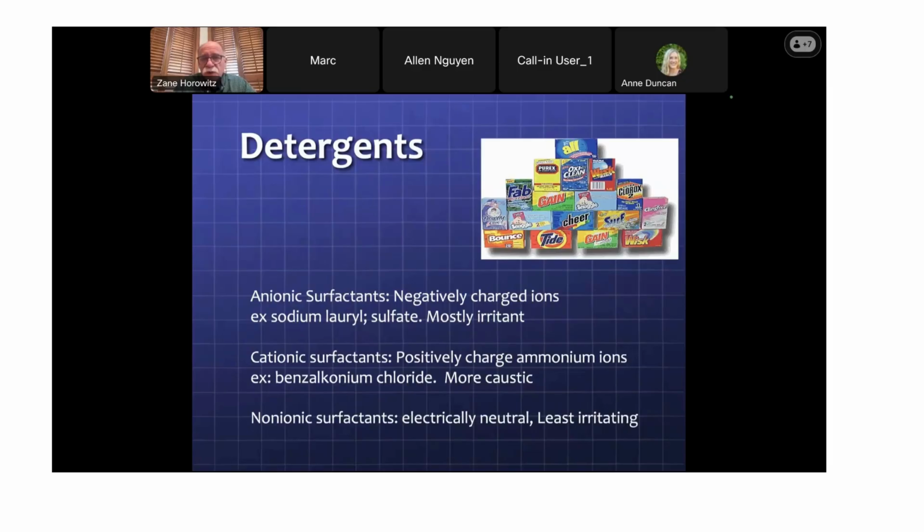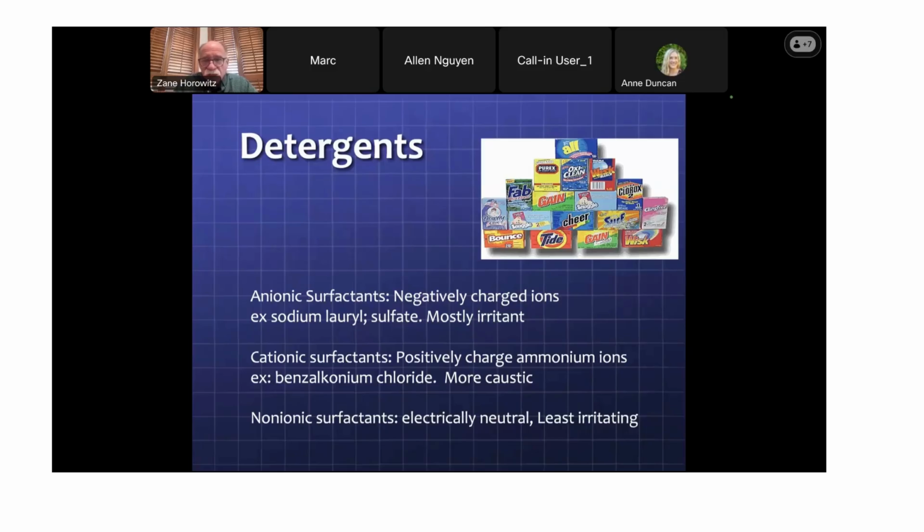If you look up a product at home and the kid's able to take sips of liquid and you find out it's an anionic detergent with surfactants, it's mostly negatively charged, and it's these soaps like lauryl sulfate that's in shampoos and other things, and they're just slightly irritating, not likely to cause a burn.